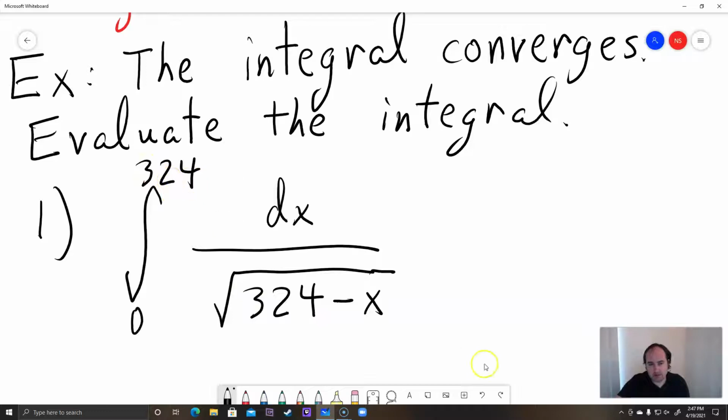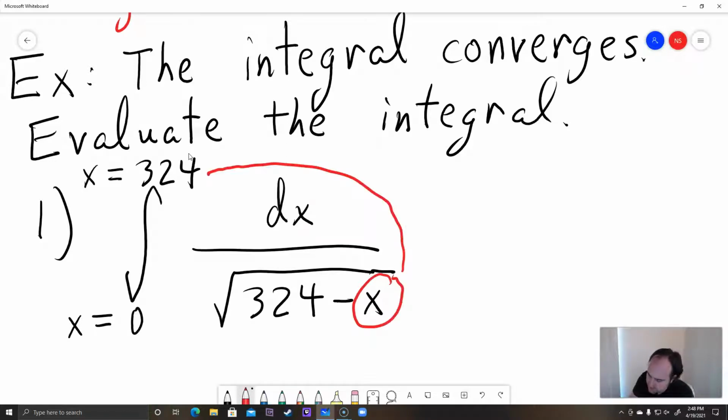If we plug 324 into this denominator, we're actually going to get 0. So we've got our two limits of integration, x equals 0 and x equals 324, and notice that if we plug in 324 for x, this is undefined at x equals 324.